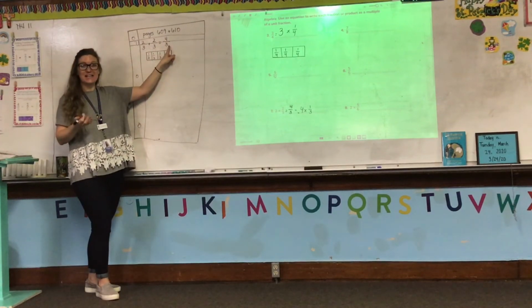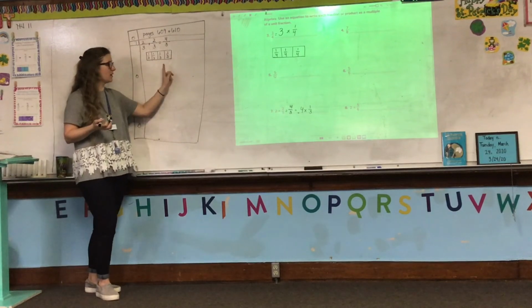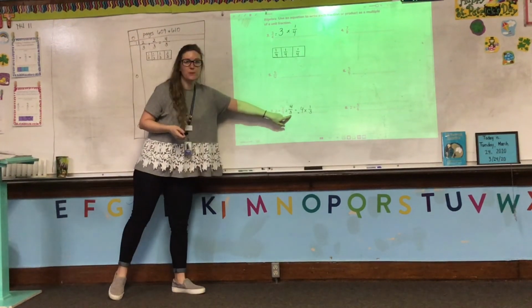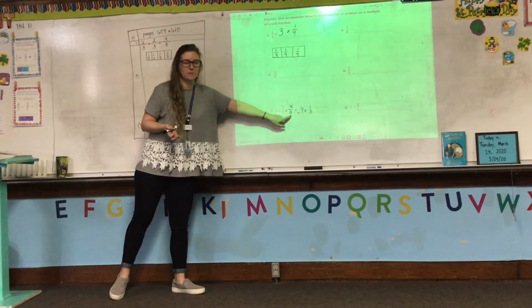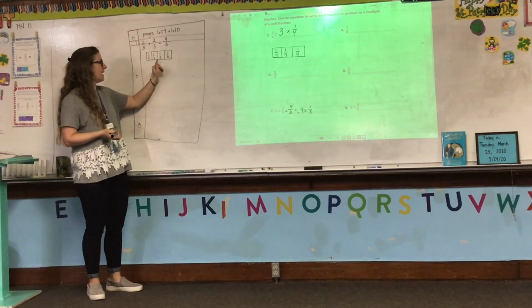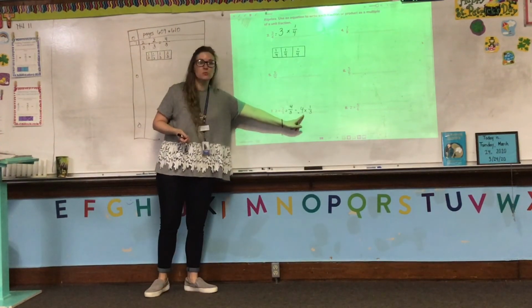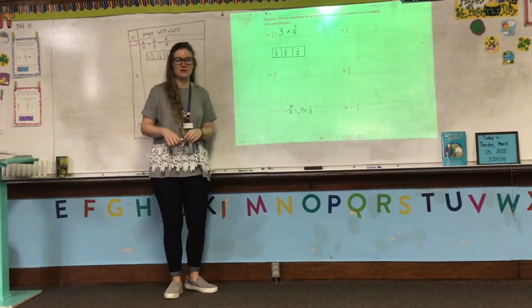Model the sum, count how many, go ahead and write the improper fraction, or sometimes it may not be the improper fraction. Go ahead and write the sum here. Then model it, count how many fraction tiles you used. That's the whole number when you multiply it by a unit fraction.